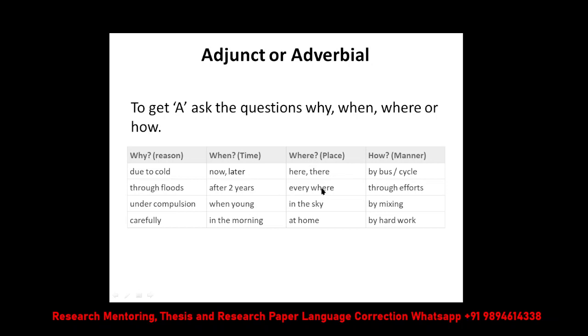Place: here, there, everywhere, in the sky, at home. How: by bus or cycle, through efforts, by mixing, by hard work. Generally you have the preposition by. This way you can understand. Please remember that why, when, where, how should be asked to identify the adjunct, because all this basic understanding will help you fix the sentence pattern clearly.